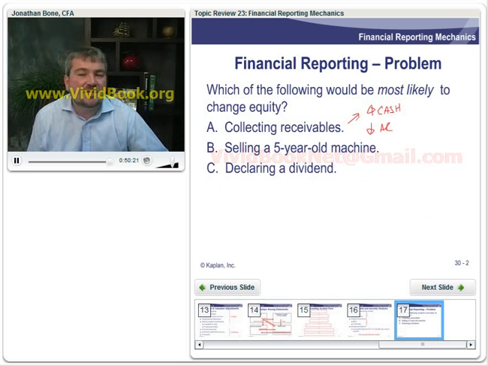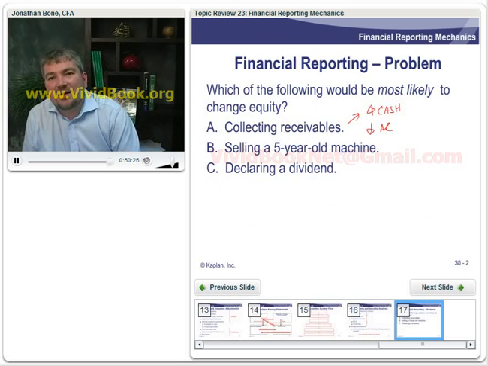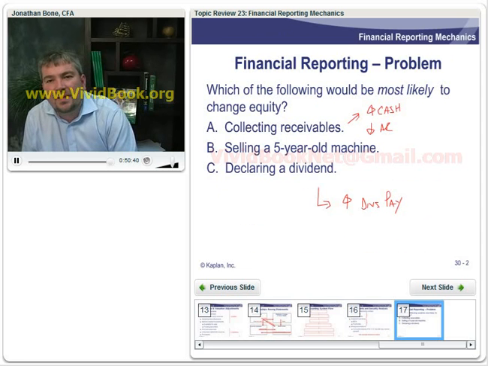So that's not going to change equity or liabilities. Let's imagine as well, let's skip C, declaring a dividend. We've seen this already. Increase a liability, dividends payable. And the other side of declaring a dividend would typically be reducing retained earnings.